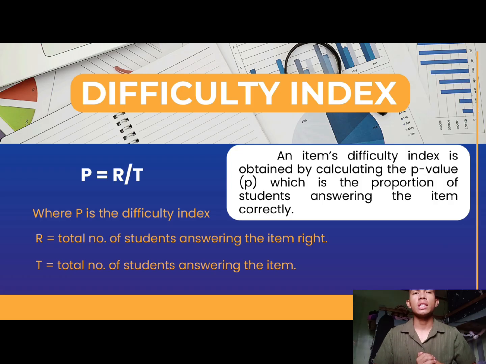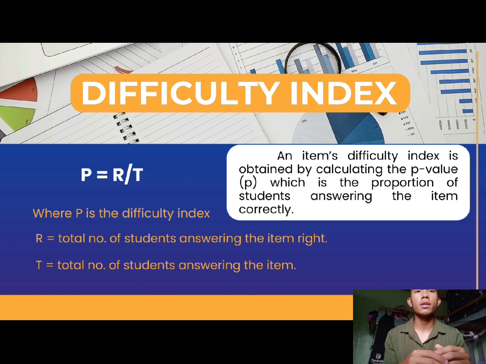So it is written as P equals R divided by T, where P stands for the difficulty index, R is the total number of students who answered the item correctly, and T is the total number of students who tried the item. The closer the value of P is to 1, the easier the item is, because many students got it right.